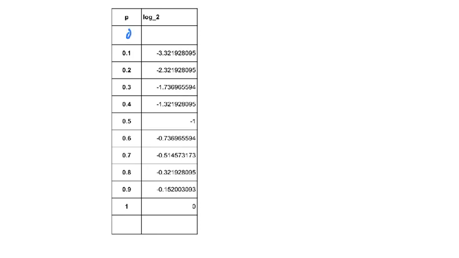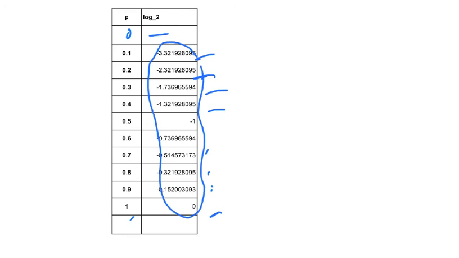For all other values of p we have the corresponding log values, and as you can see, many of these values are negative. So log of 0.1 is negative, and so on. And of course log of 1 is 0, right?